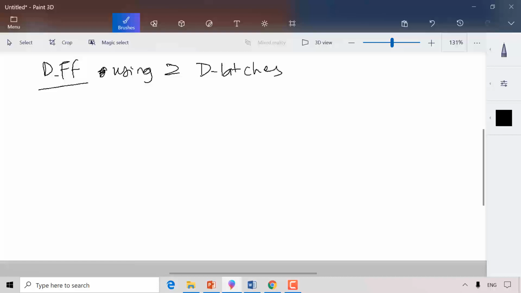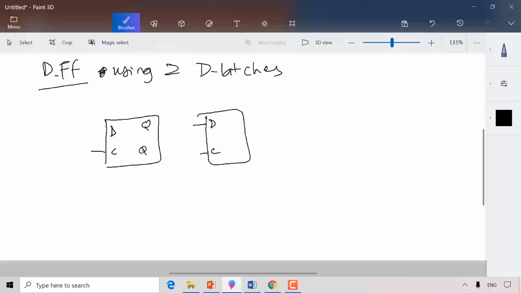So here is a D latch, and here is a D latch. This is the input D, this is the clock, and these are Q, Q prime, Q, Q prime.